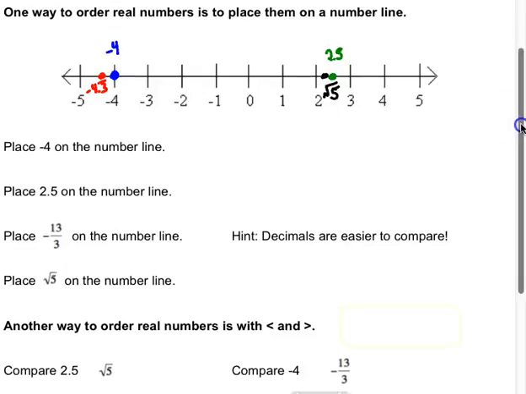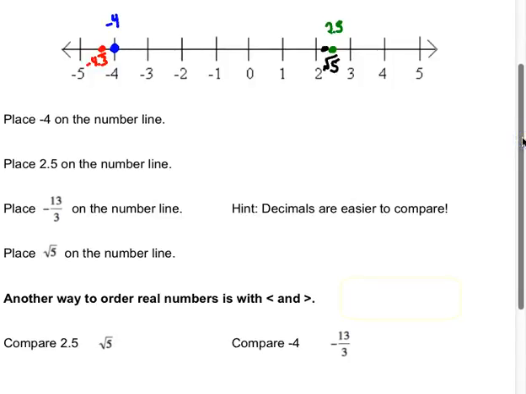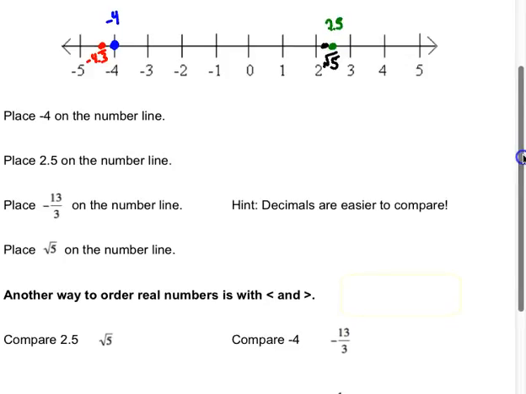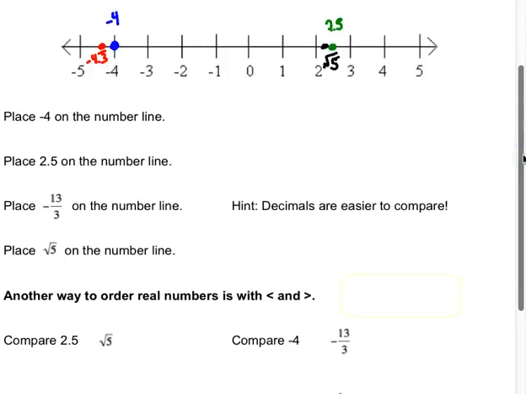So now I can also ask you to compare with the greater than or less than symbols. Remember, it's going to open to the largest number, so the mouth of it is going to open towards the bigger number.